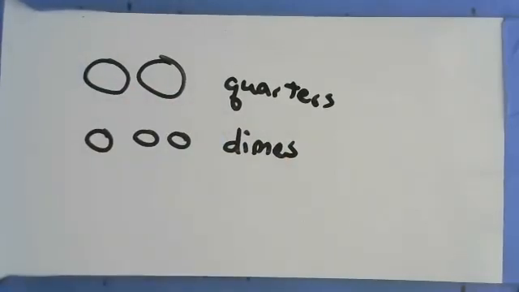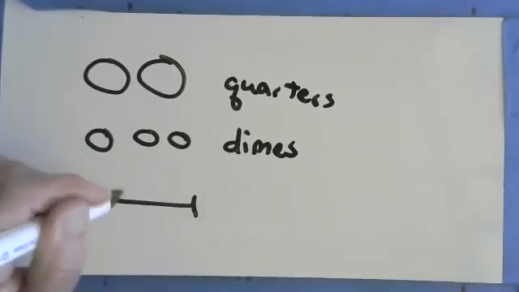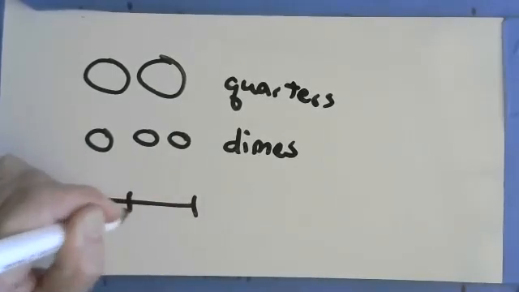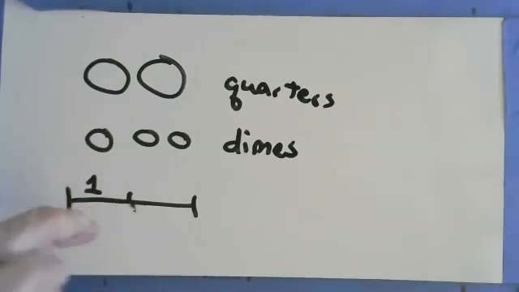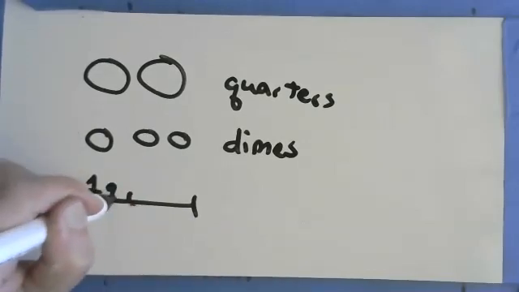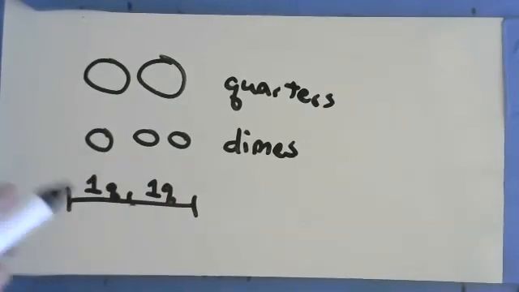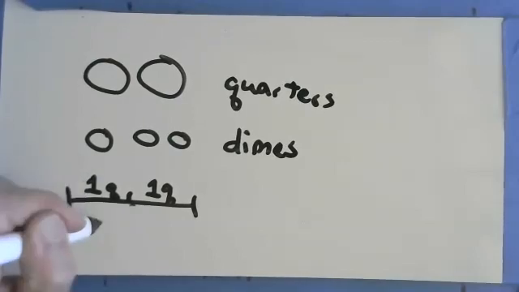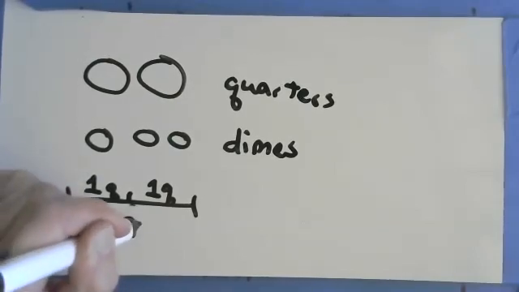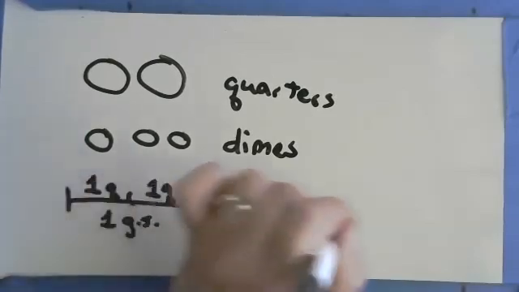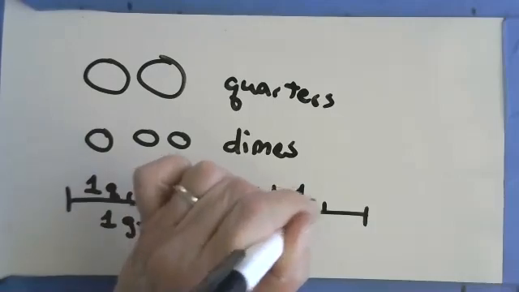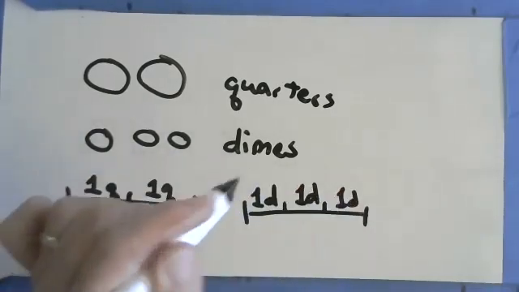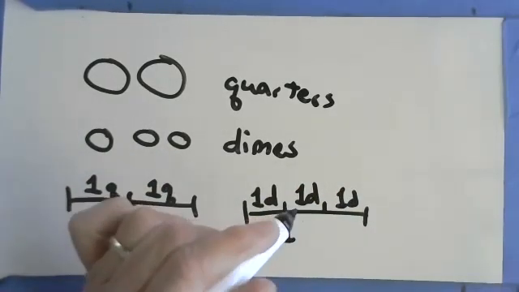We could draw it like this, or we could do something like, I don't know, like 1/4. This one's a challenging one, because if we say 1/4, 1/4, and this is the same as 1 glue stick, and then we could say, okay, here is 1 dime, 1 dime, 1 dime, and here is 1 highlighter.